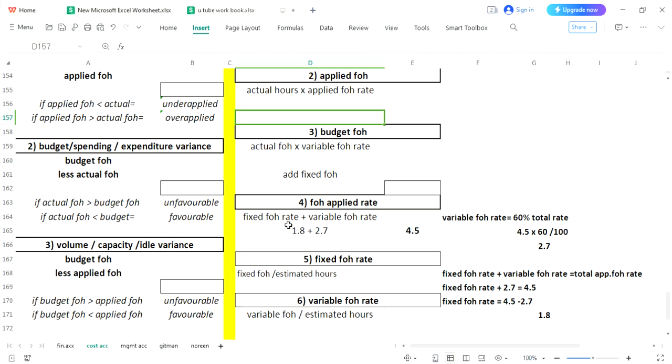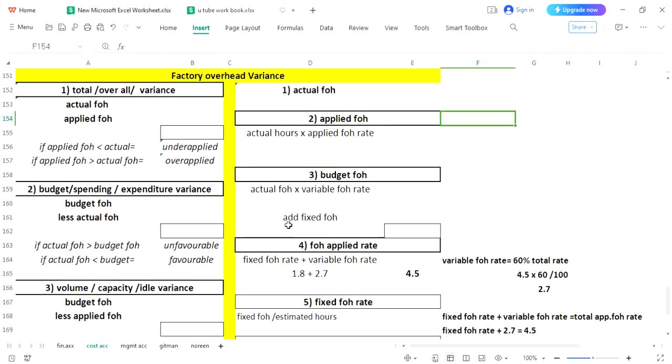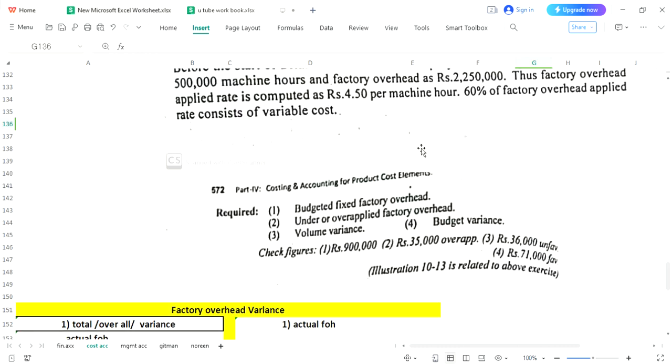Now another thing is needed. Since we know if fixed FH rate and variable FH rate are added, you get total applied FH rate, the same we can use for amounts as well. Fixed FH, when it is added to variable FH, you get your total FH. Okay, this we already have in our minds. And let's go to the book. You can see over here total FH is also given.